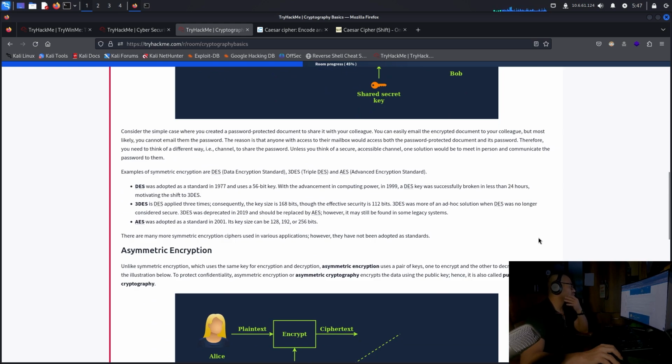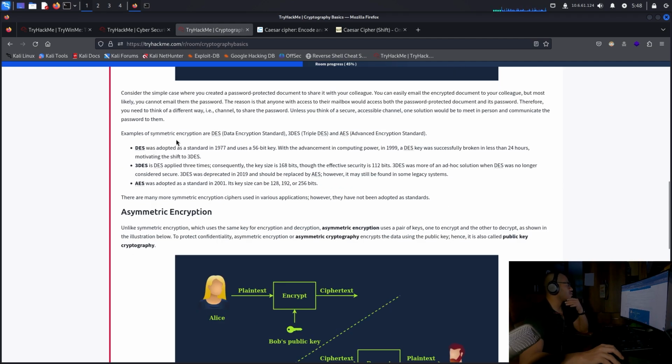Examples of symmetric encryption are DES, Data Encryption Standard, 3DES, Triple DES, and AES, Advanced Encryption Standard. DES was adopted as a standard in 1977 and uses a 56-bit key. With advancements in computing power, in 1999, a DES key was successfully broken in less than 24 hours, motivating the shift to 3DES.